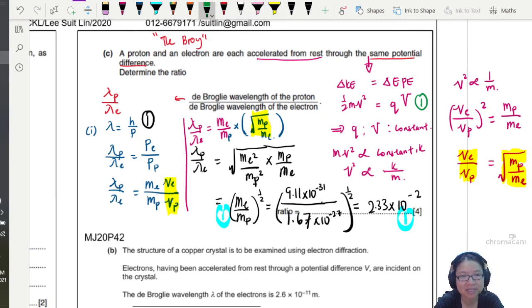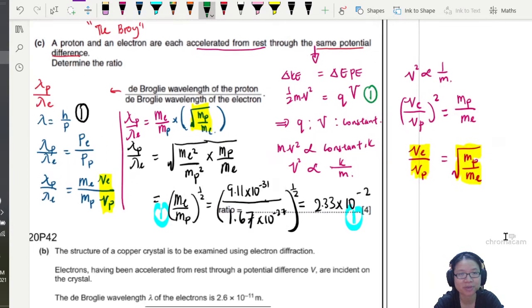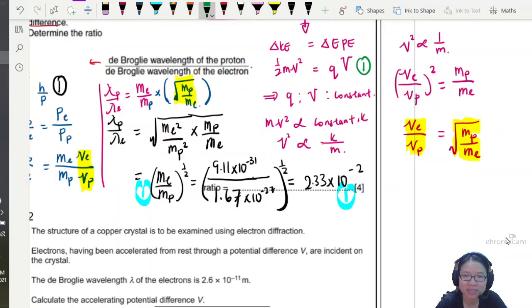You can tell here that the wavelength of a proton is greater than the wavelength for electron. No, wait, the wavelength of proton is less than the wavelength of electron. Let me write here. Because this one is less than 1. So this thing here is less than 1.